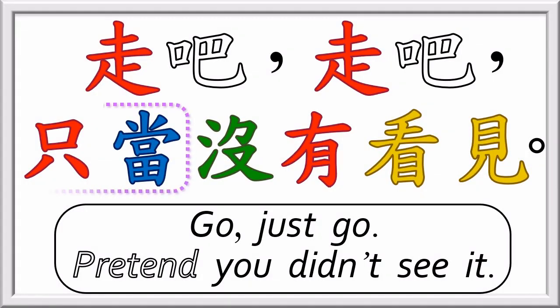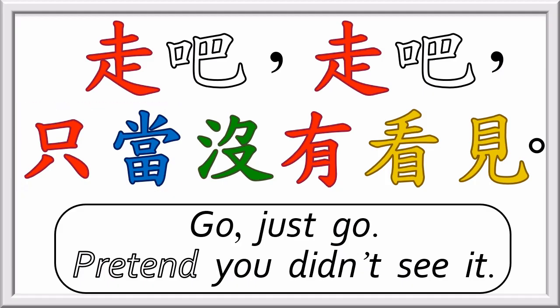The next expression is 只当, meaning to treat as, to regard as, or even to pretend. This phrase can be pronounced either first tone 只当 or fourth tone 只当. In Taiwan, people generally use first tone 只当, so that's what I'm using in the following sentences. 走吧，走吧，只当没有看见.